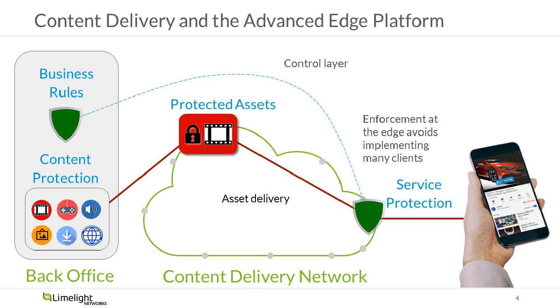So again, the advanced edge platform really lives at the edges of the content delivery network and helps you prevent piracy and secure your content, secure your services. So that's a brief introduction to the concepts that we're going to frame the discussion we'll have today.